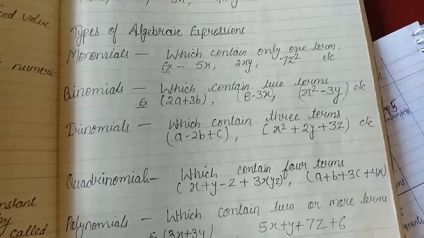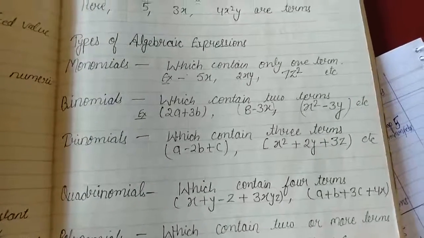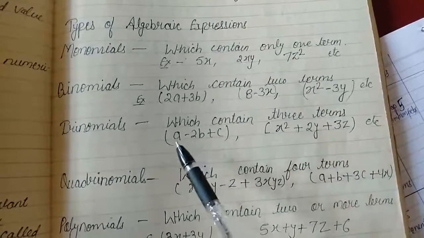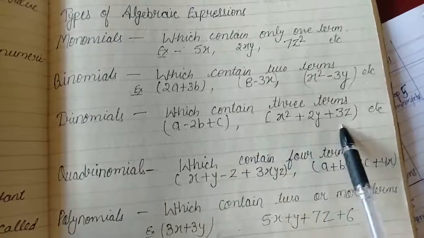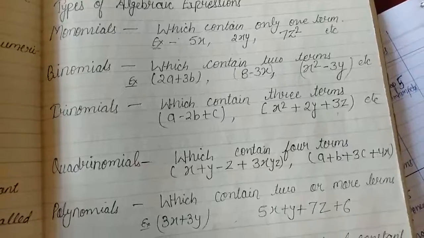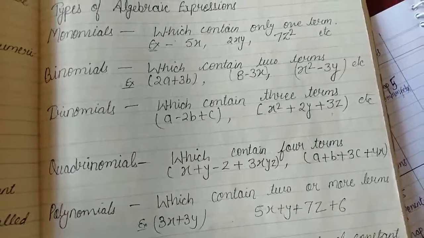Trinomials contain 3 terms. So these are examples of trinomials: 1, 2 and 3. There are 3 terms. Here also 1, 2, 3 terms. Okay. Now next is quadrinomial. What is a quadrinomial? It contains 4 terms.